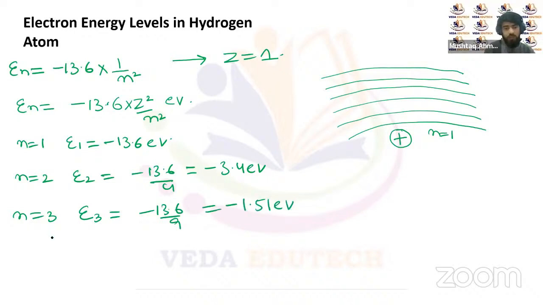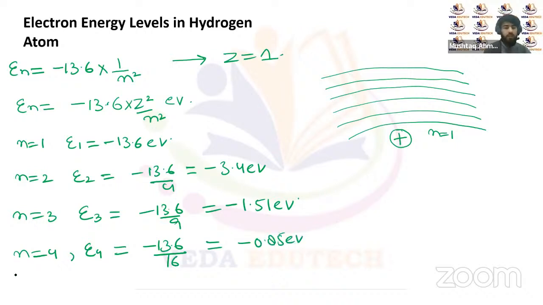For n equal to 4, E4 will be minus 13.6 upon 16, which is minus 0.85 electron volt. As n tends to infinity, the total energy of the electron becomes 0, so the electron will be unbound from the system.